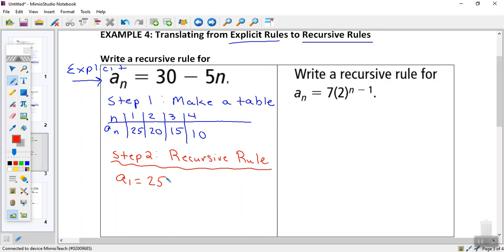Okay, then the next part of this. We better come up with our next term, okay? Guys, how did 20 form from 25? And then 15 form from 20, minusing 5 each time, right? So by our recursive rule, our next term, A of n, is equal to what?